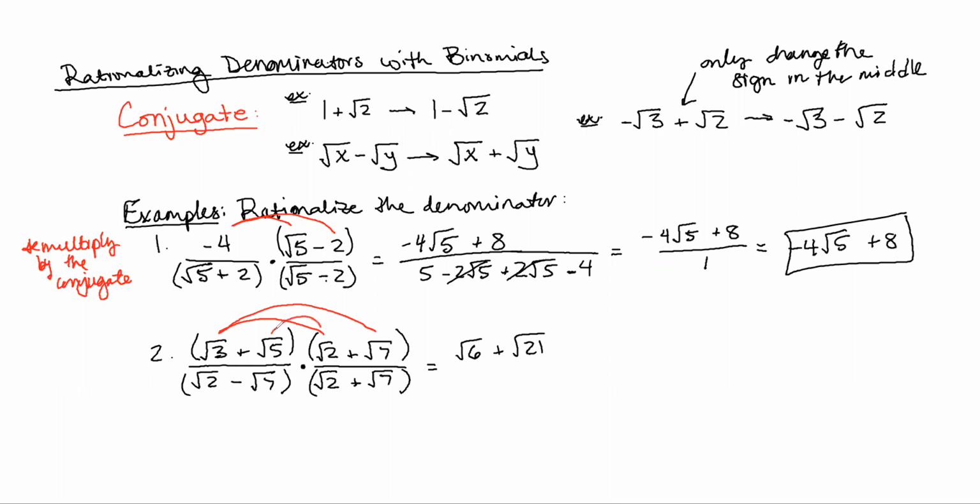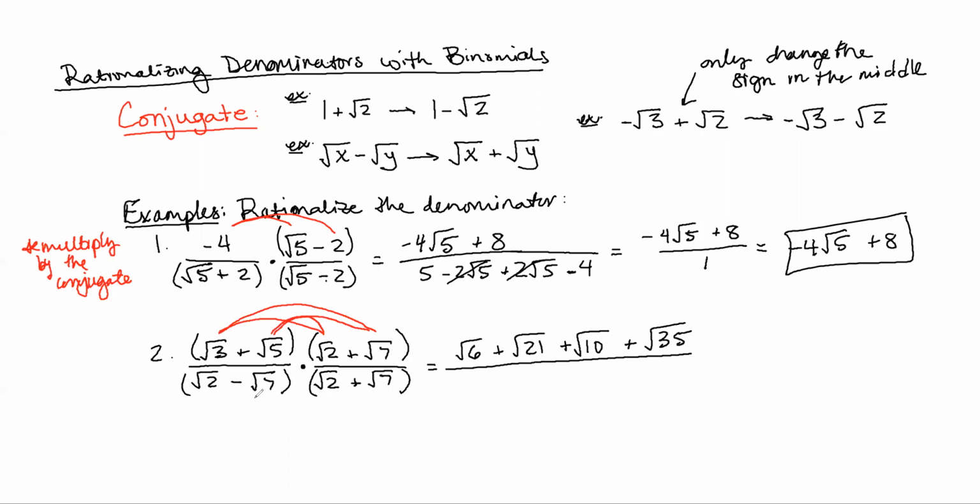Square root of 5 times the square root of 2 is the square root of 10, positive. And lastly, the square root of 5 times the square root of 7 is the square root, positive, of 35. Those are all different square roots, so there might not be much simplifying, but we will check at the end.